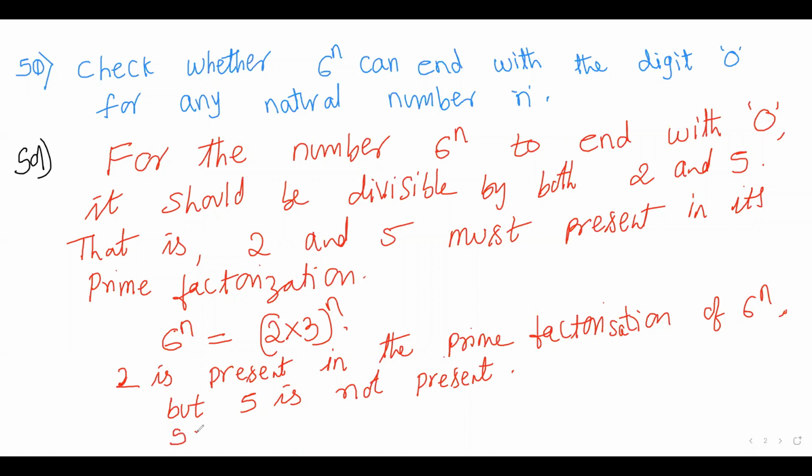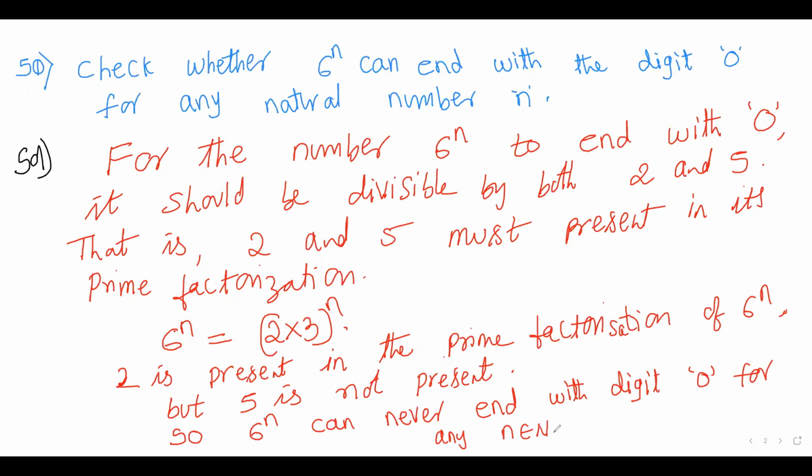So 6 power n can never end with digit 0 for any n belongs to natural number.